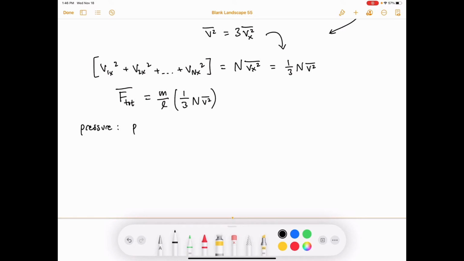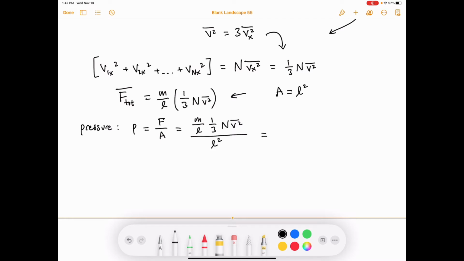Remember, pressure is force per unit area, where the force is that of all of these different particles hitting one of the walls of the container. That's the F. The area of each of those walls is equal to L squared. So the pressure of the gas is m divided by L times 1/3 times n times v average squared, divided by L squared.